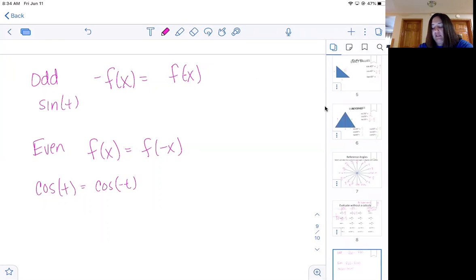So sine of negative t is negative sine of t. Okay, so you can kind of see how the stuff that you did in college algebra is still going to work here. Tangent is also an odd function. So you'll need to know a little bit of that as well.